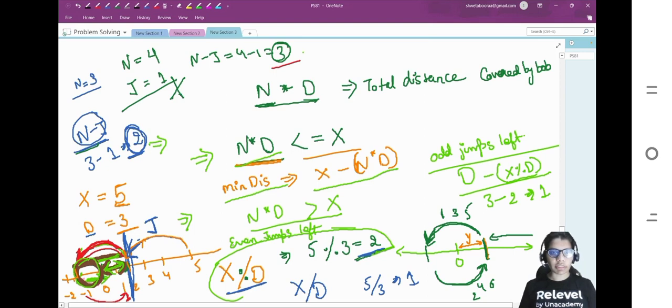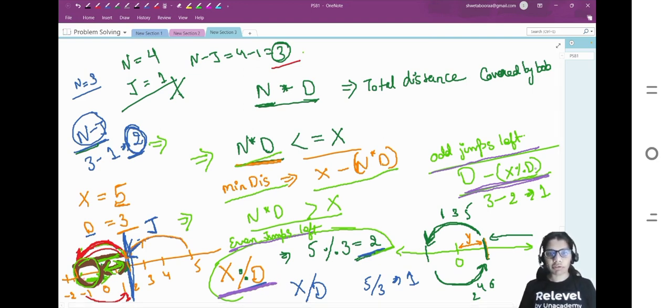In that particular case, we check the number of jumps left. If the number of jumps left is even, then your remaining distance would be x modulo d, which we have just seen. Otherwise, if the number of jumps left is odd, then it would be d minus x modulo d, right?